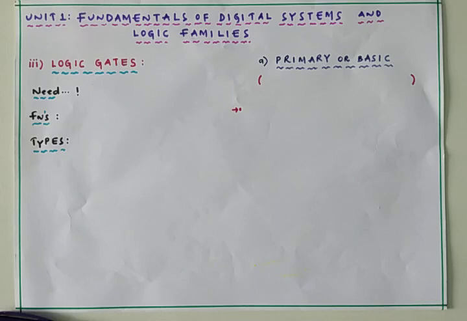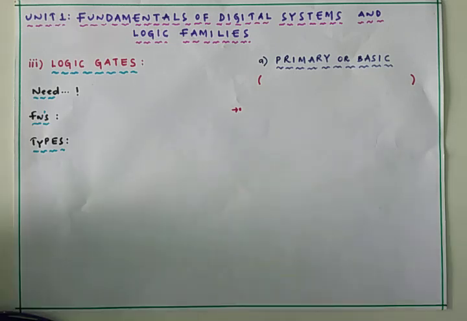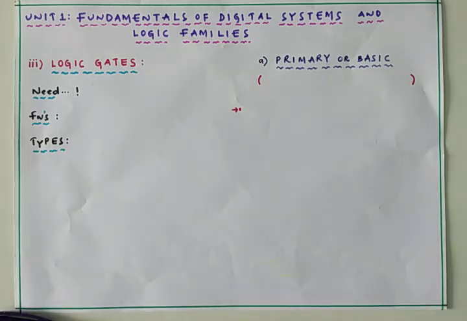As I said in the previous classes, logic gates are the fundamental building blocks for any digital system. If you go with any digital system, that may be adder, subtractor, comparator, multiplexer, decoder and encoder, the basic building block of any digital system is the logic gate only.